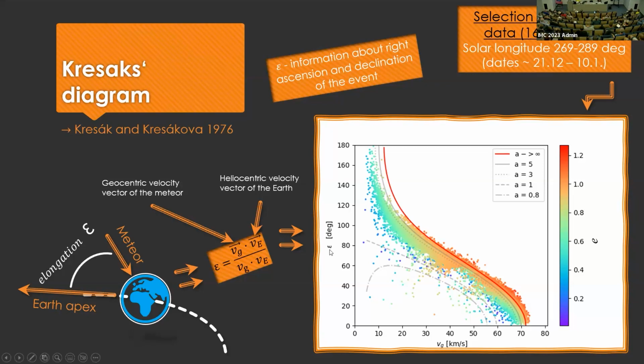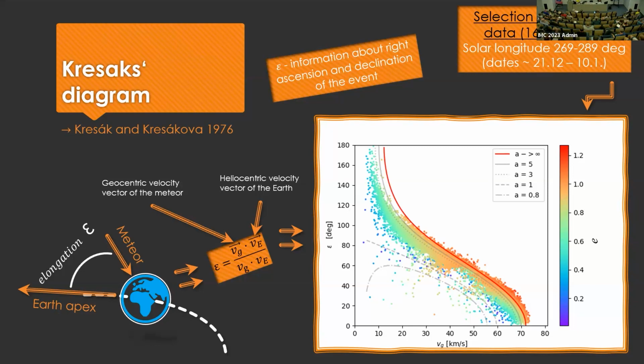And in this elongation angle is actually the information about the radiant of the meteor, about the declination and the right ascension. Now, this graph is created for a selection of EDMOND orbits from around the 1st of January.